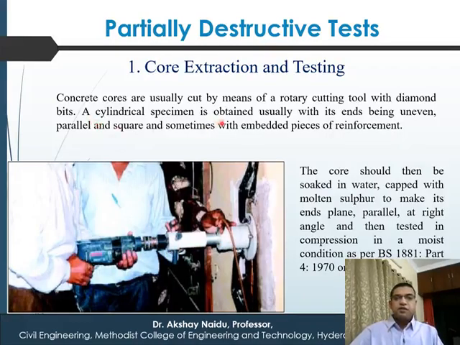A cylindrical specimen is obtained, usually with its ends being uneven, not parallel, not square, and sometimes with embedded pieces of reinforcement. The core should then be soaked in water, capped with molten sulfur to make its ends plane, parallel, at right angles, and then tested in compression in a moist condition as per either British Standard 1881 Part 4 1970 or ASTM C42.